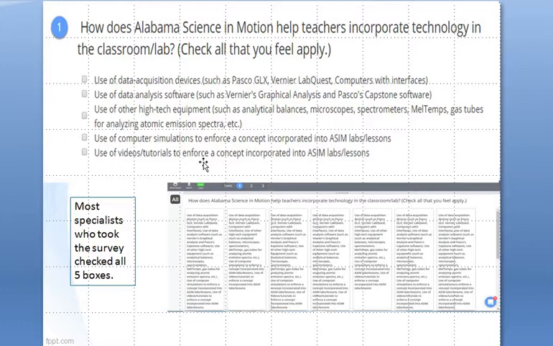And 5 was the use of videos or tutorials to enhance a concept.